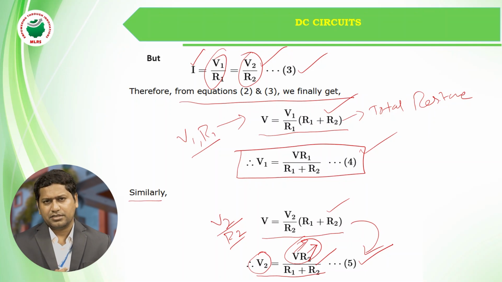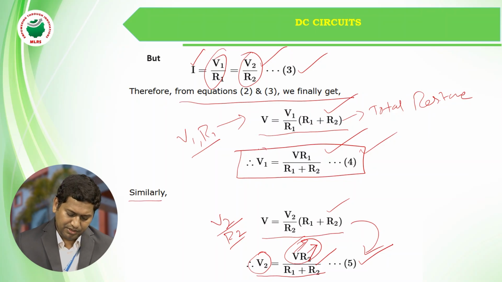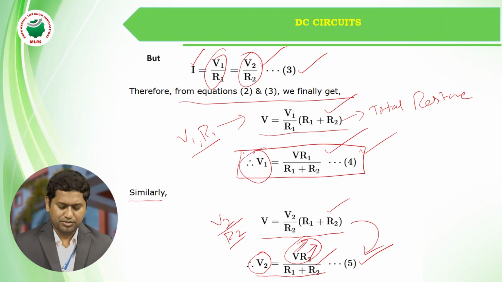So similarly, V1 is equal to V into R1 divided by R1 plus R2. Means I am finding the voltage V1, so I have to multiply the total voltage by the particular resistor divided by the total resistance.